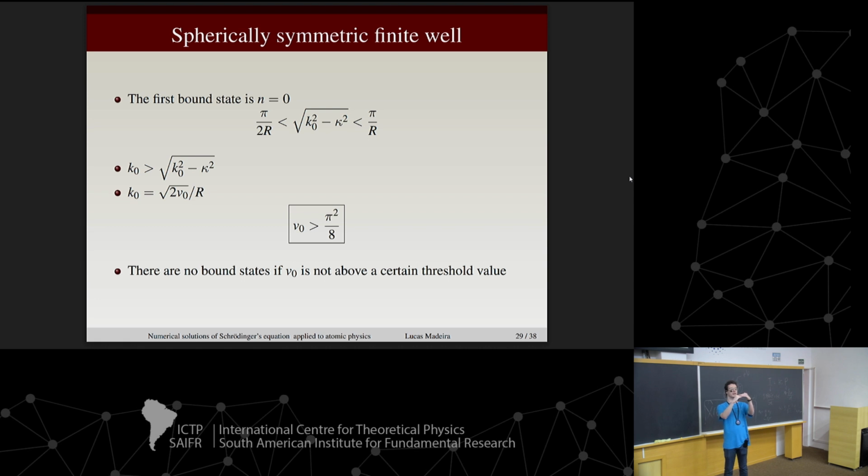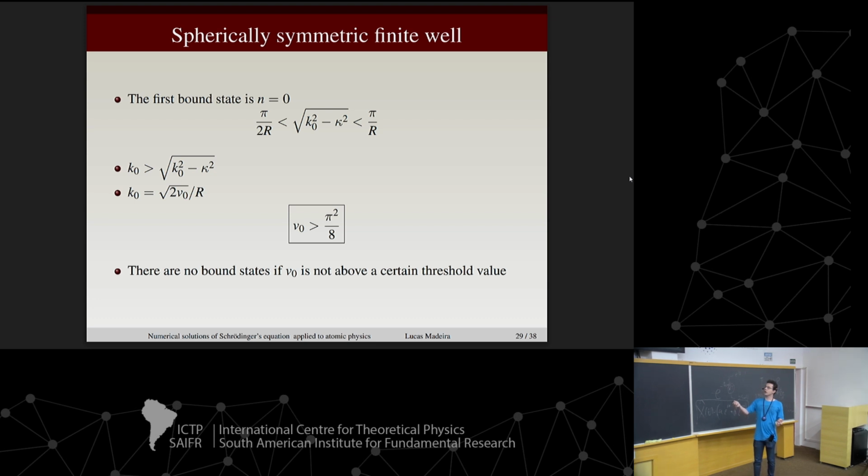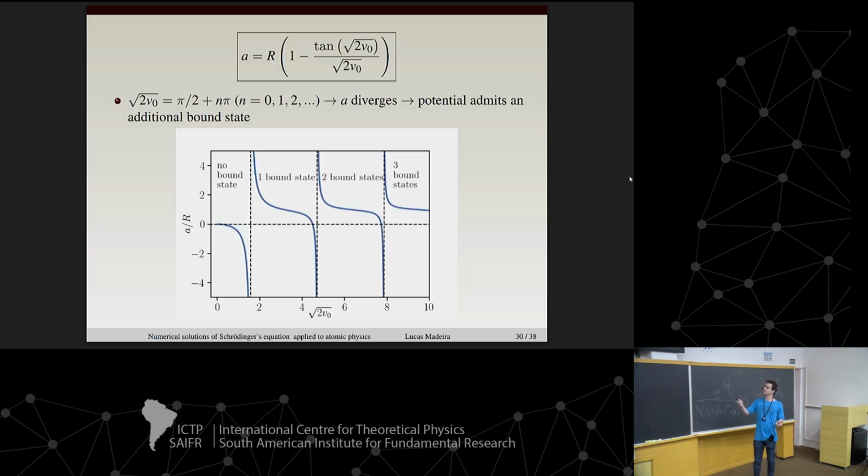I start with a very shallow well, no bound states. I keep increasing the depth. At some point, one bound state appears. Of course, if I kept doing this, I would see a second bound state, third, and so on. All right? It so happens that this value here is exactly where the scattering length was diverging.